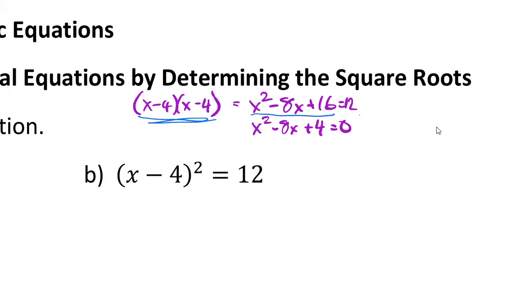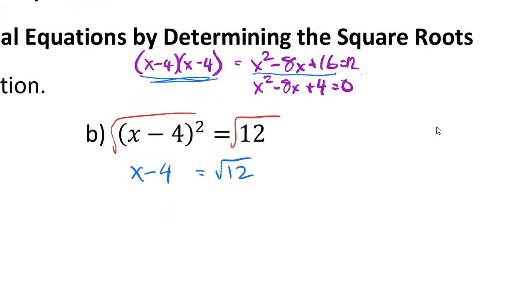So if we continue to solve this one by square rooting, we're essentially going to say, if x minus 4 squared is equal to 12, I can square root both sides. To simplify, this leaves me with x minus 4 on the left-hand side and the square root of 12 on the right-hand side. This is where you should be thinking, hey, wait a minute, the square root of 12 simplifies.